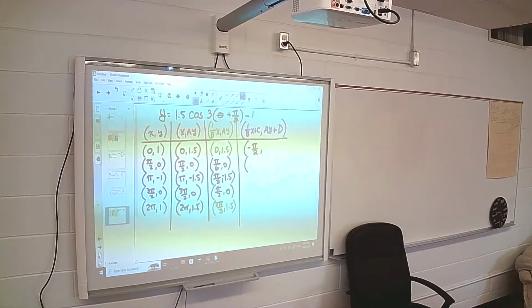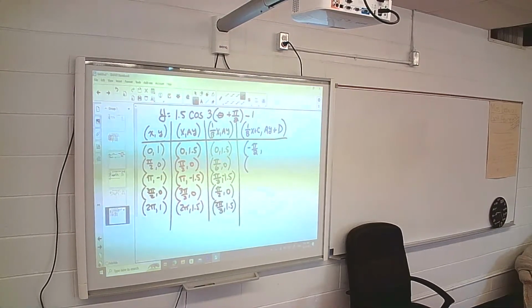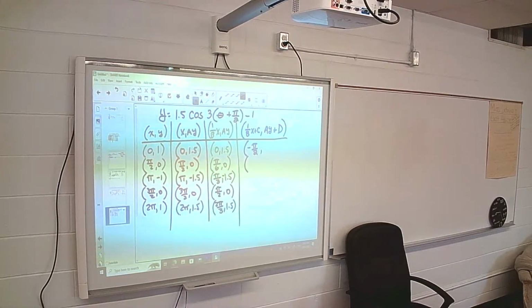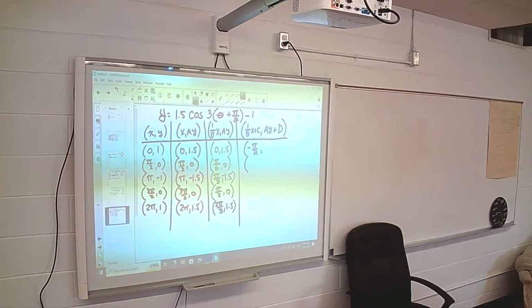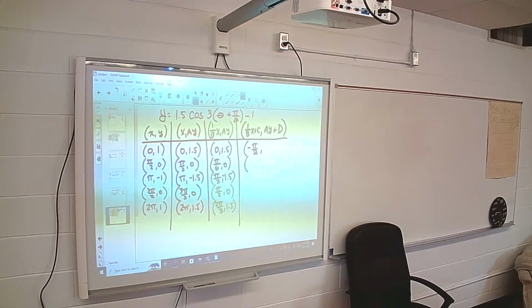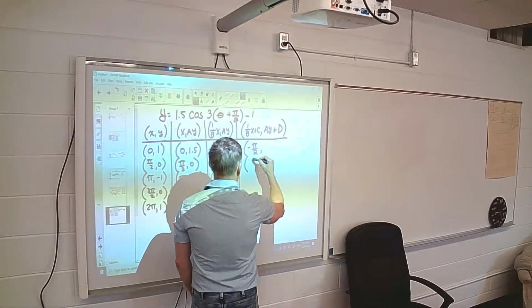What do you got? Negative 3 pi over 6. So then pi, negative 2 pi. Negative pi over 2. I think I agree with you. Pi over 6 subtract pi over 2 is pi over 6 subtract 3 pi over 6. Pi over 6 subtract 3 pi over 6 is negative 2 pi over 6. So it's actually negative pi over 3. Would you agree? Yeah.